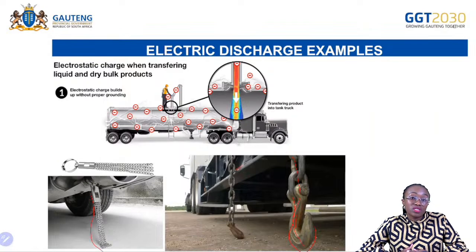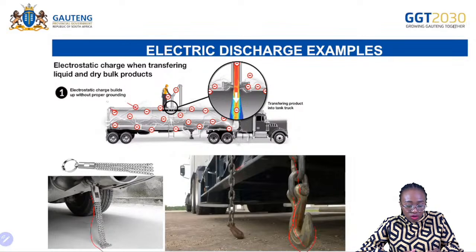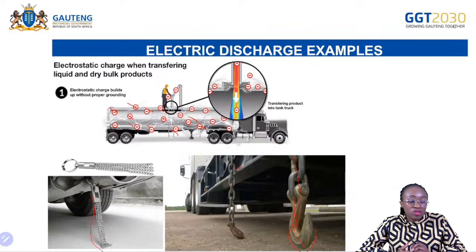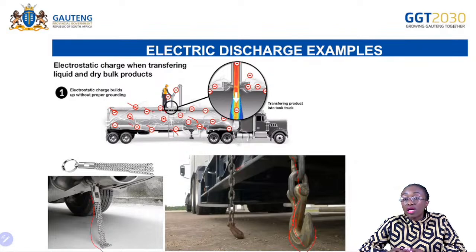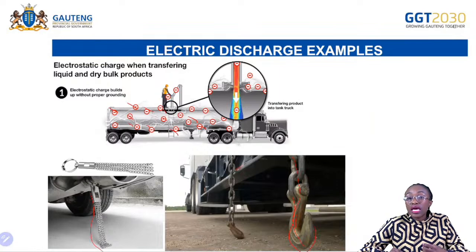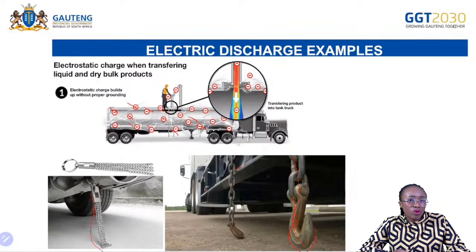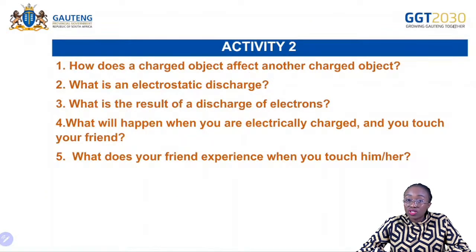All the charges that would have built up during the loading or transferring of the liquid or dry goods into the truck will then be transferred onto the earth in a very safe manner, to prevent accidents, especially if the truck is carrying fuel, in case there is a spark during the electric discharge.